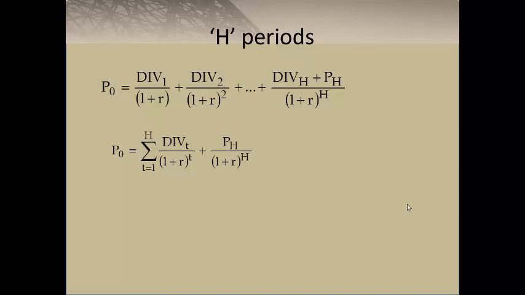So this is summed over H periods, the first term there, and the second term is the selling price, PH, divided by 1 plus R to the power H, H being the power because PH was received after H periods.